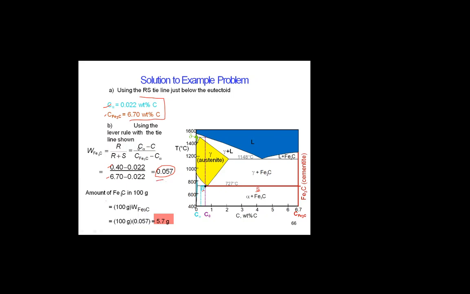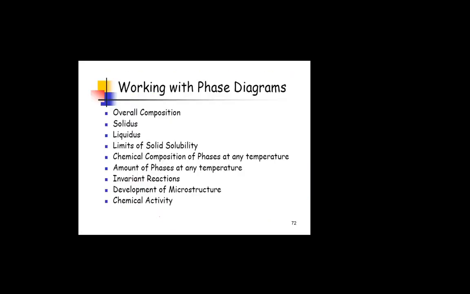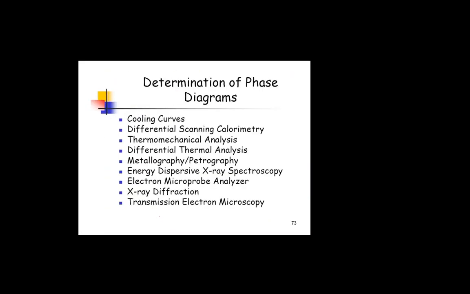As we found this for a single unit, for 100 grams we just multiply by 100, and we get 5.7 grams of cementite at this point. So this is a very simple question that we solved.